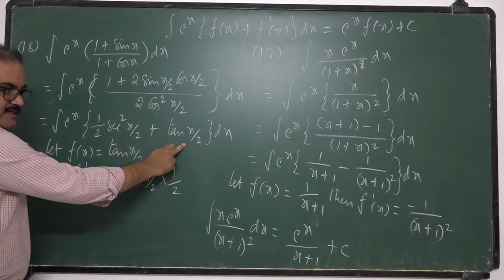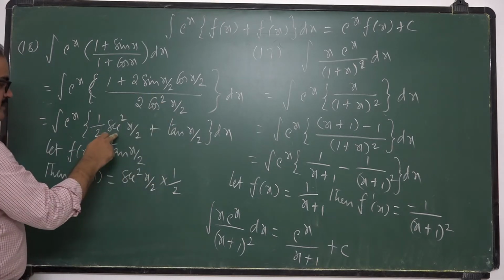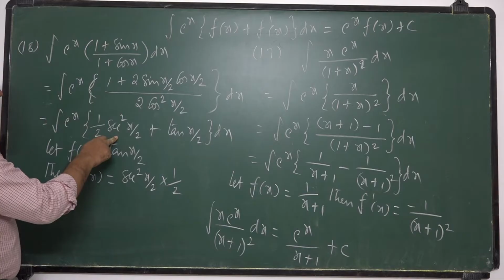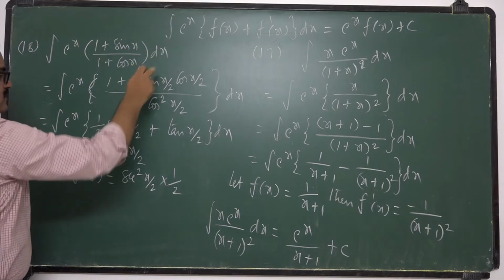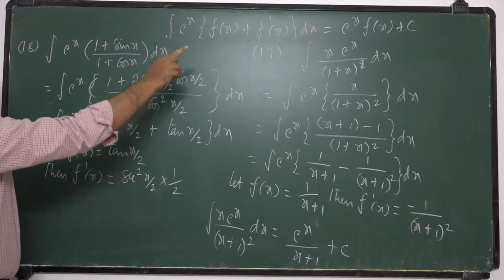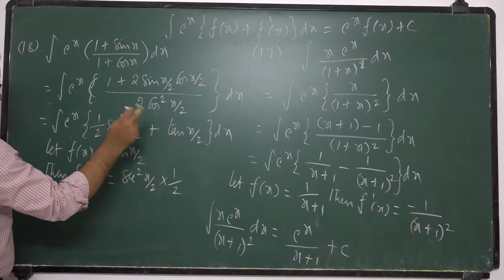So if it is taken as f of x, then this becomes f dash x. From this formula, its integration value is e power x into f of x.